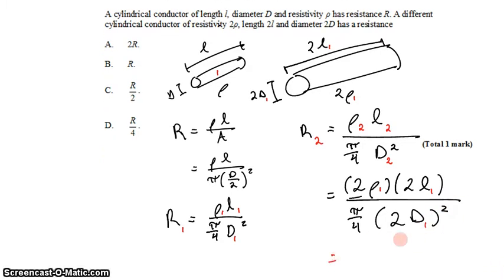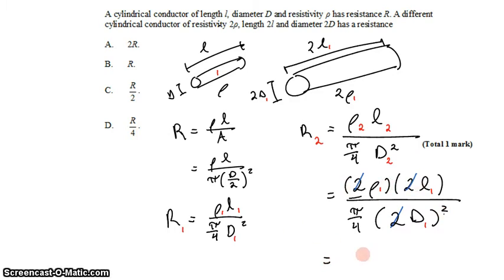And when we take a look at this algebra, we see that we have 2 times 2, that's 4 on the top, and we have 2 squared, that's 4 on the bottom, which means that this 2 cancels with these two 2's. Not because we can distribute the 2 into both, but because there's really two 2's on the bottom when we square it. 2 times 2 on the bottom and 2 times 2 on the top.